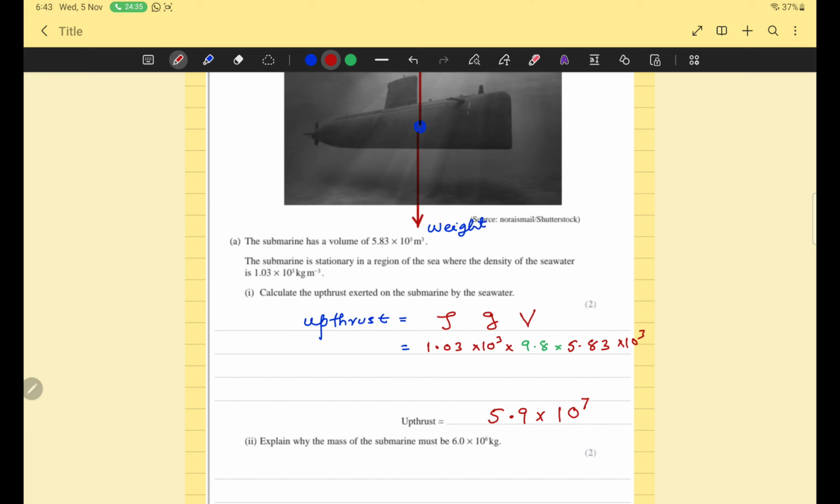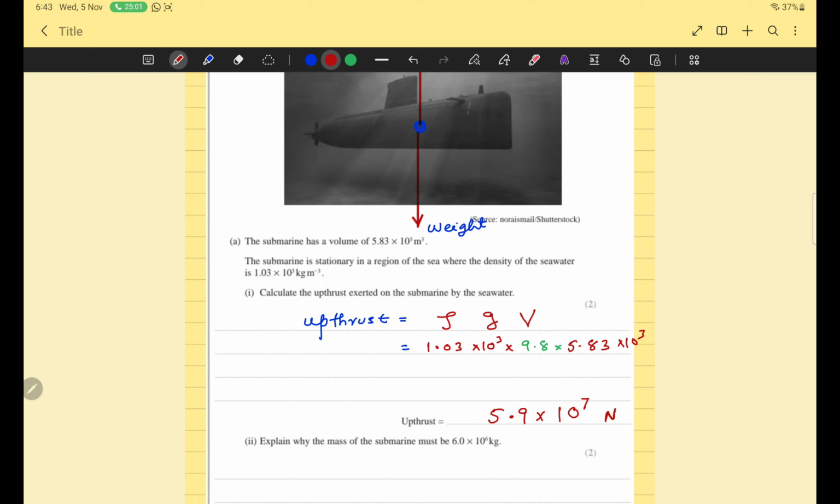Upthrust is 5.89 exponent 7 बना है. ठीक है बेटा, density is 1.03, gravity 9.8, volume is given. तो जनाब, upthrust इतना आ गया.